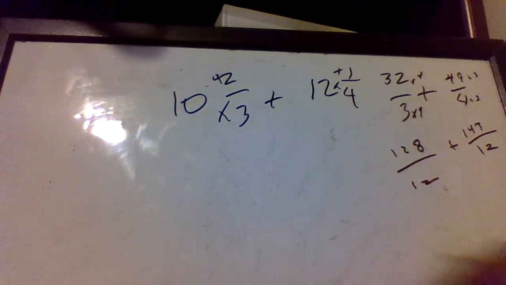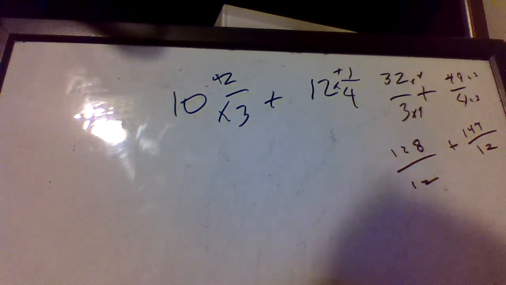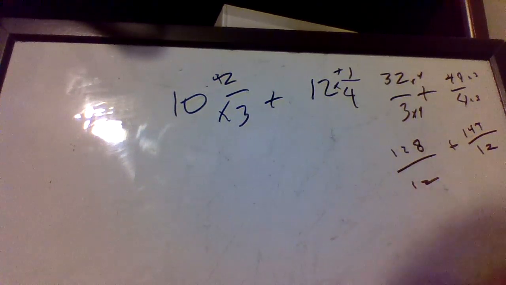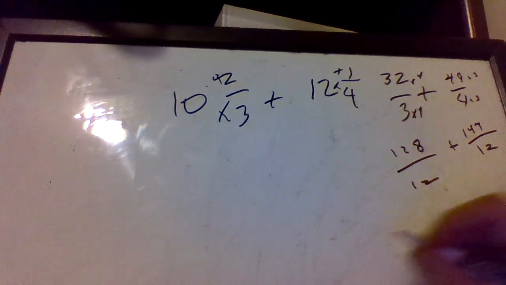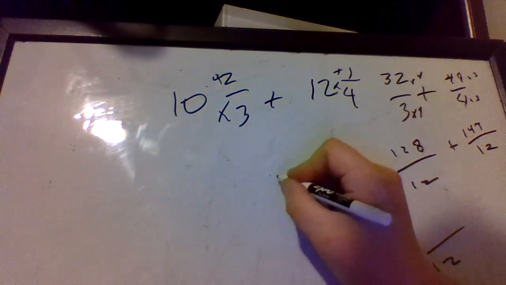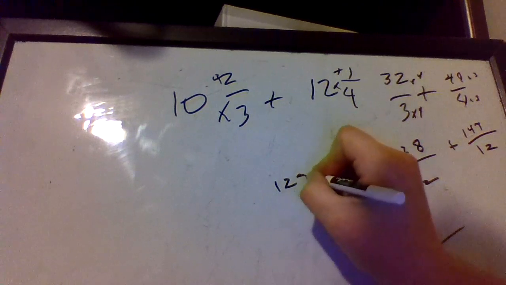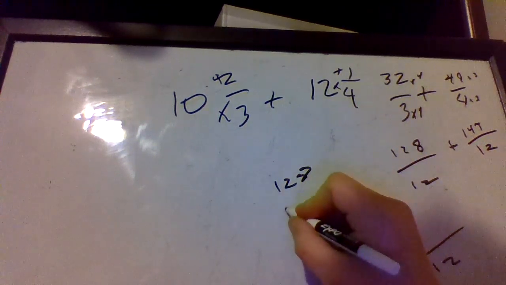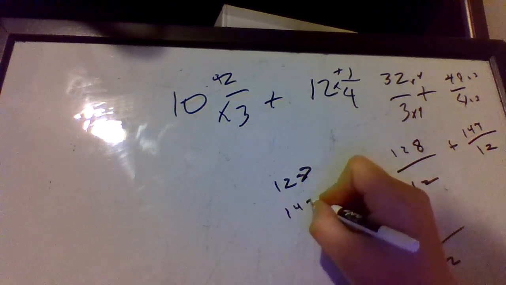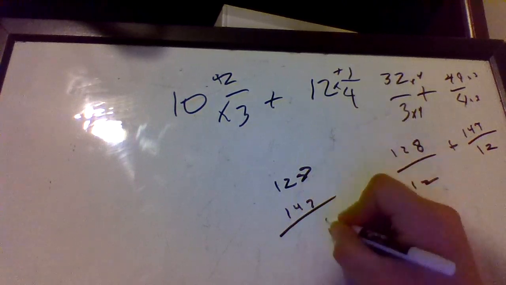So this is pretty challenging, guys. So we know our denominator is going to come over and be 12. So that's not hard. 12. Now we need to do a little math. Because I don't know about you guys, but I can't really do this in my head. 8 plus 7 is 15.